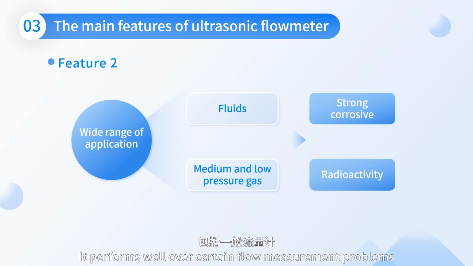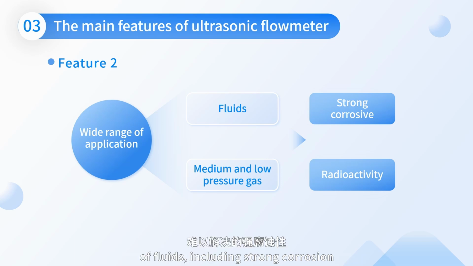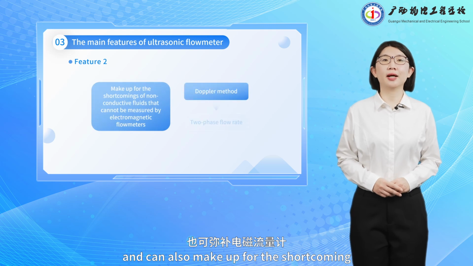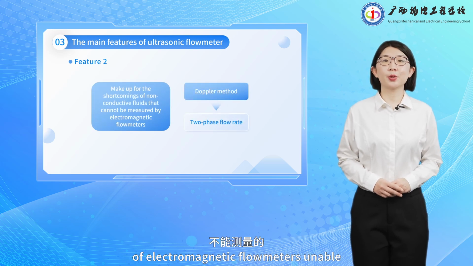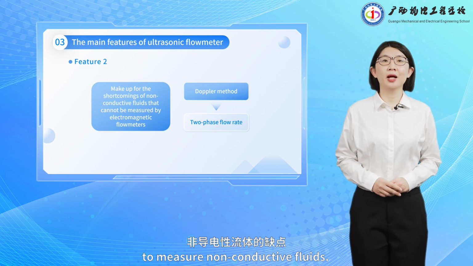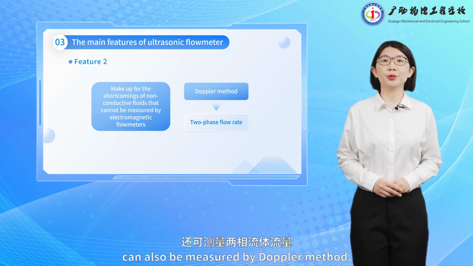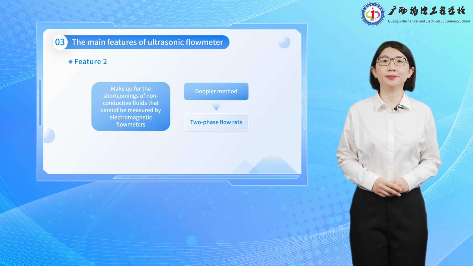It performs well on certain flow measurement problems of fluids, including strong corrosion and radioactivity that are difficult to measure with general flowmeters, and can also make up for the shortcoming of electromagnetic flowmeters being unable to measure nonconductive fluids. Two-phase flow can also be measured by the Doppler method.